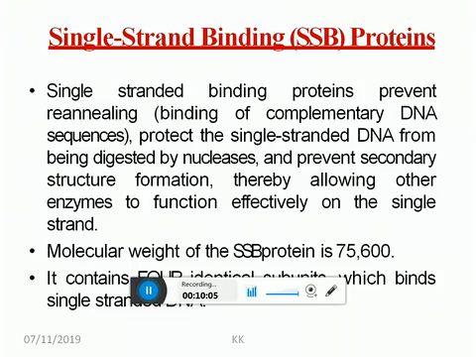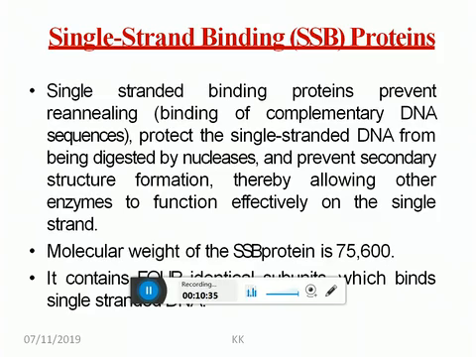When the strands are separated, the DNA wants to fold into secondary structures, so the proteins prevent it. When single stranded binding proteins bind, they prevent the folding of the DNA strands, and then other enzymes can bind effectively to the single strand.